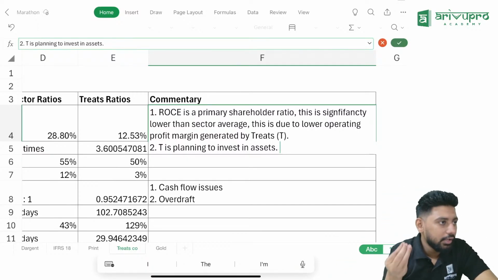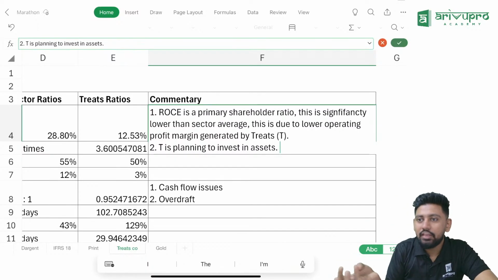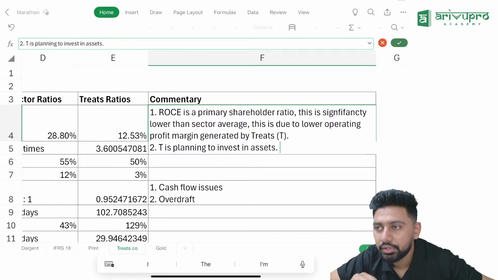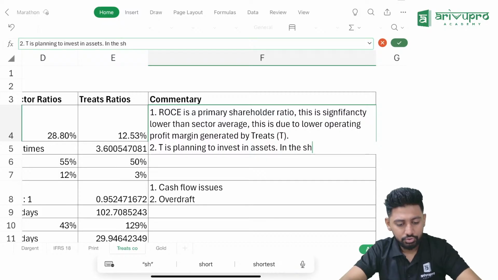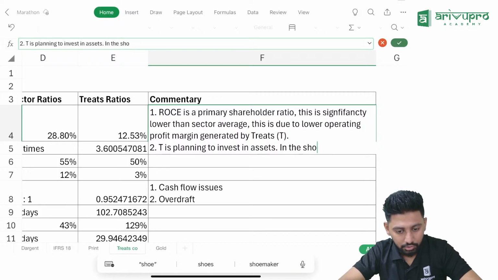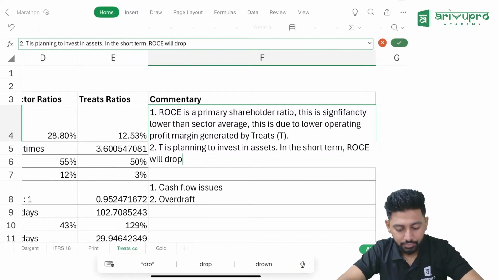In the short term, what will happen to ROCE? It will fall down. In the short term, ROCE will drop further.